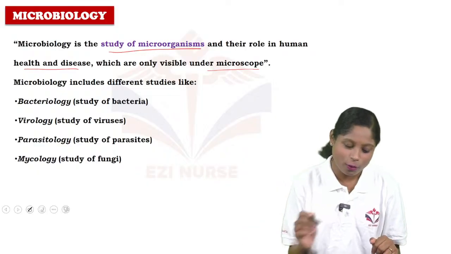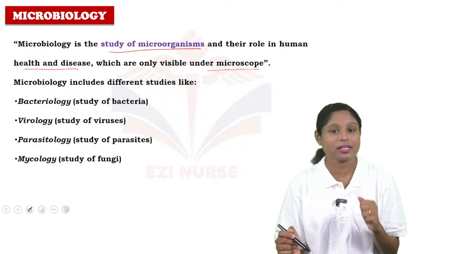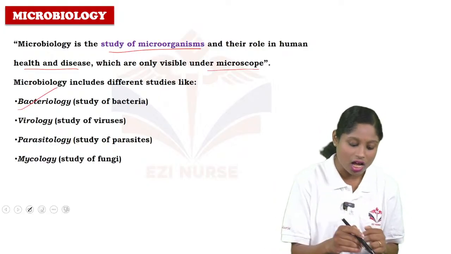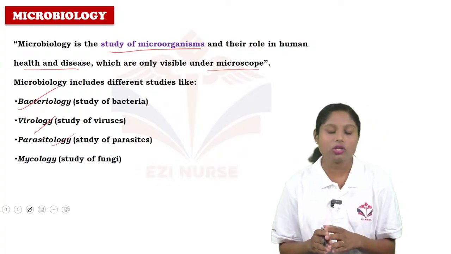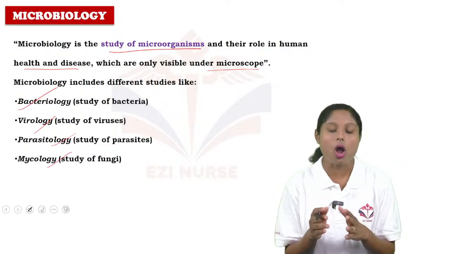So let's continue. Microbiology includes different studies. What studies does microbiology combine? It includes bacteriology, the study of bacteria, virology, the study of viruses, parasitology, the study of parasites, and also mycology, the study of fungi.